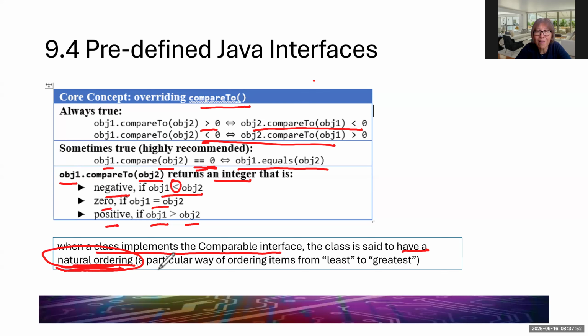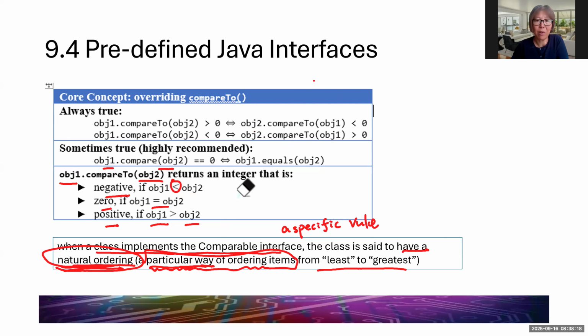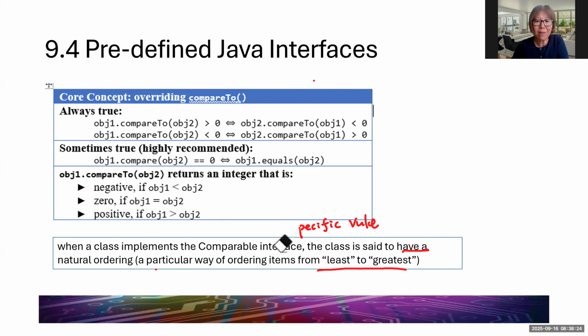Natural ordering is some particular way of ordering items, where you define a specific rule from the least to the greatest. Later in our example, you will have a better understanding of this. So keep in mind that the Comparable interface is a functional interface, and at the same time it follows the rule of natural ordering.